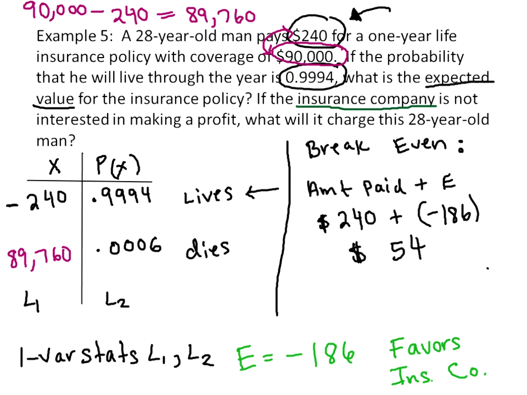So one of my favorite questions when it comes to expected value is fundraisers. If you're thinking of having a fundraiser and you're selling tickets, and of course only one ticket or maybe a few tickets are going to be the winners, you can set the price of that ticket to make a certain profit.